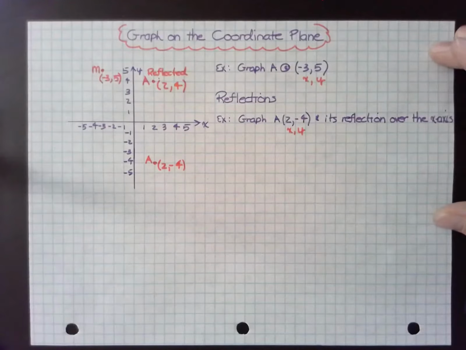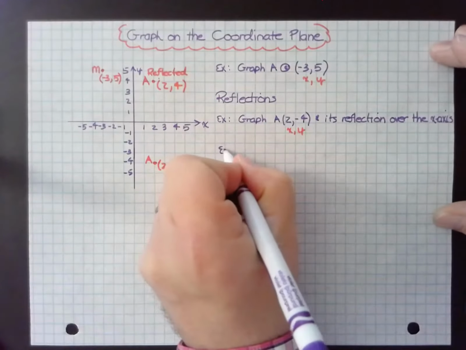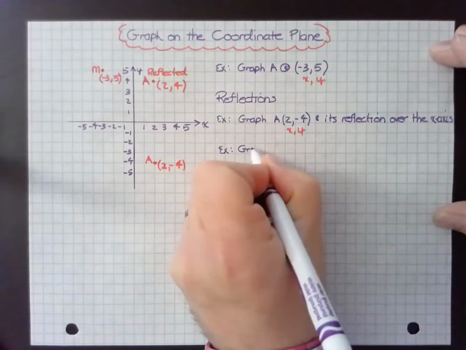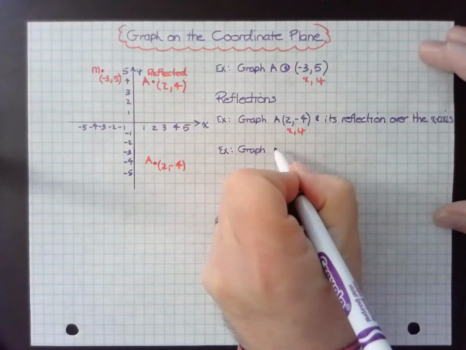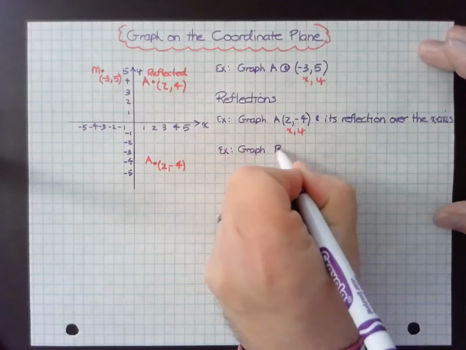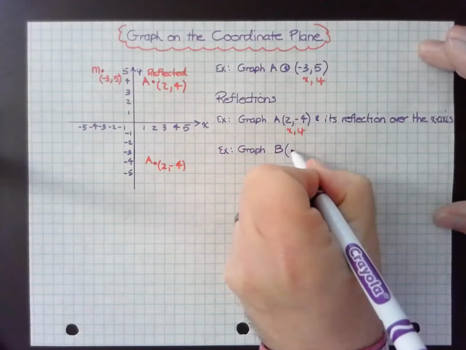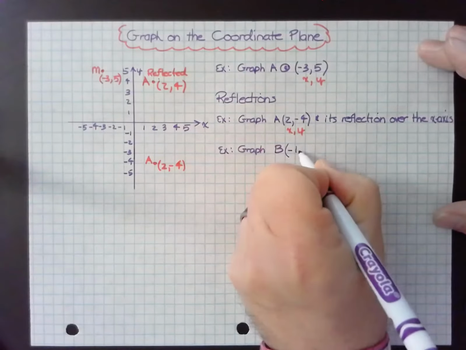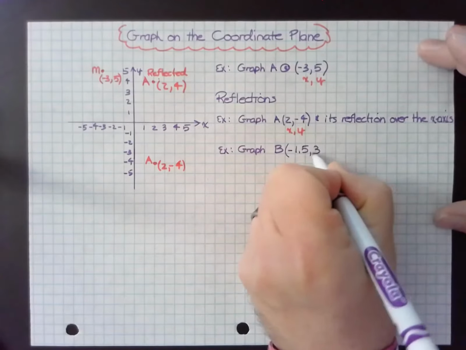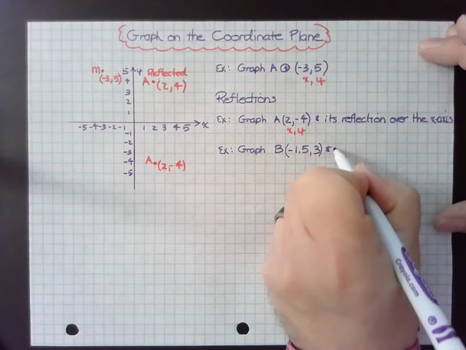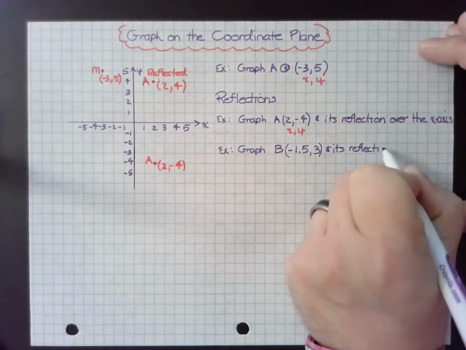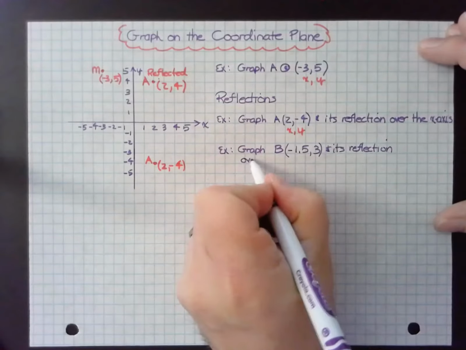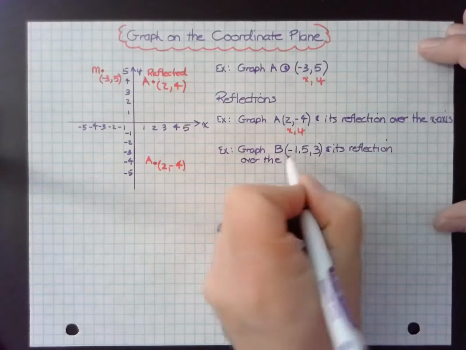One more. I'm asked to graph point B, -1.5 and 3, and its reflection over the y-axis.